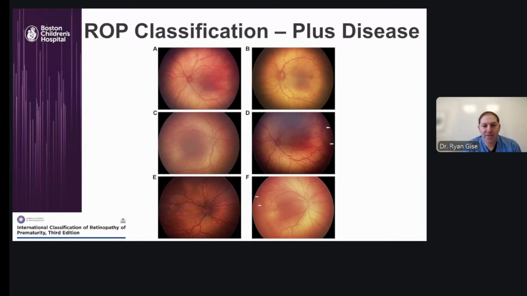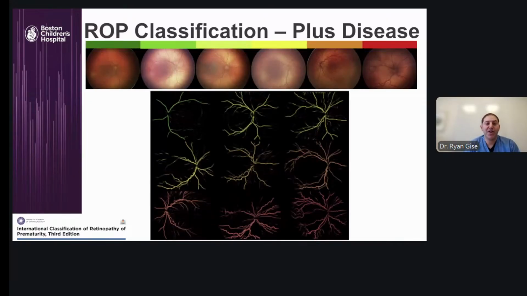And I was fortunate enough to see Michael Chang from the National Eye Institute talk a little bit about this research. And what they found is that with plus disease, even world experts will disagree on whether something is or isn't plus disease, especially if it's borderline. So if you give any picture of some of these borderline plus disease patients to 10 experts, what they found was 6 out of 10 would agree that it either is or isn't plus disease, but no more than that.